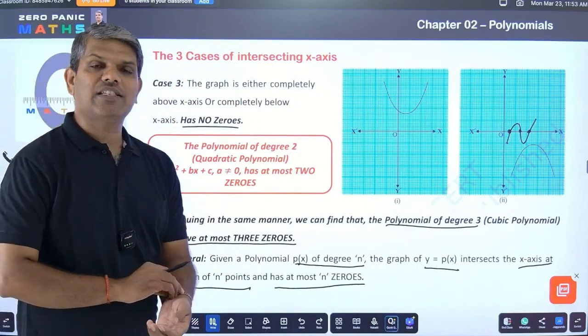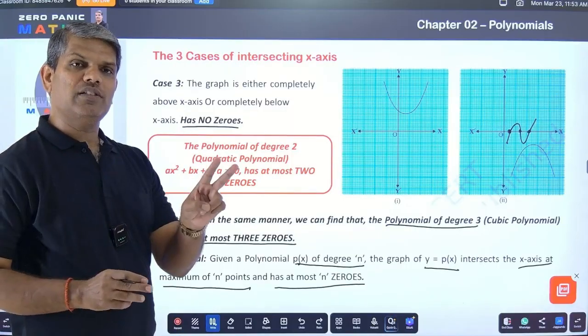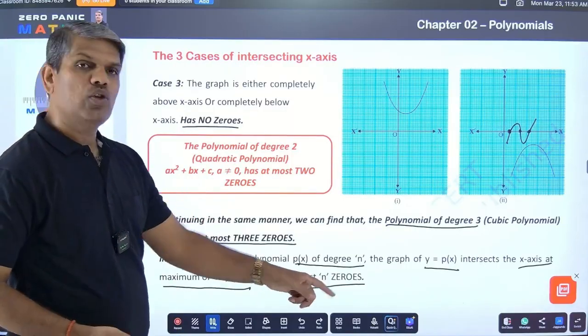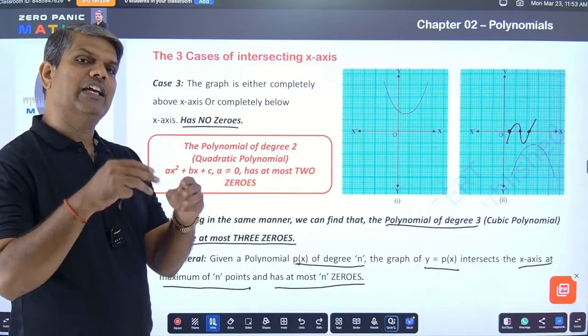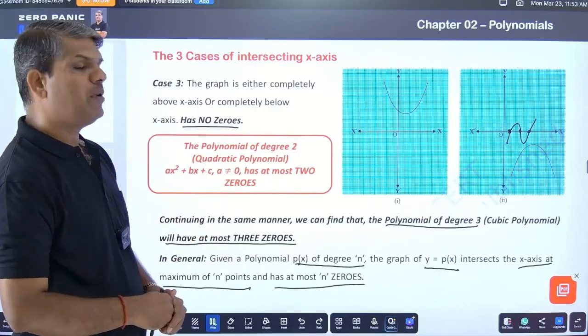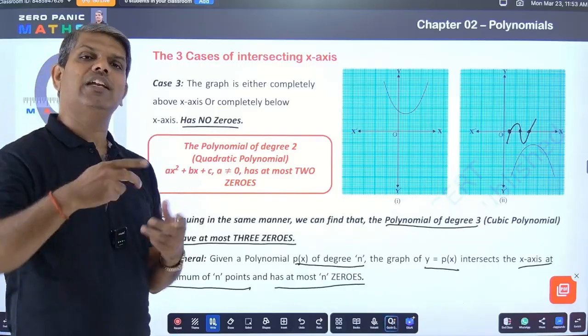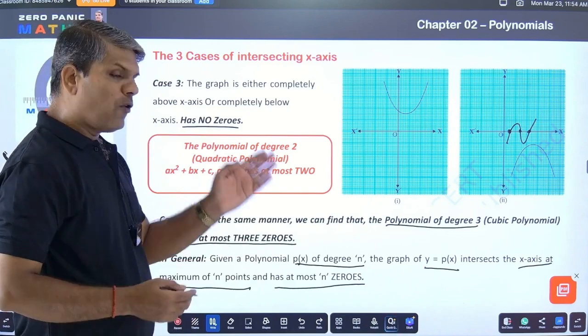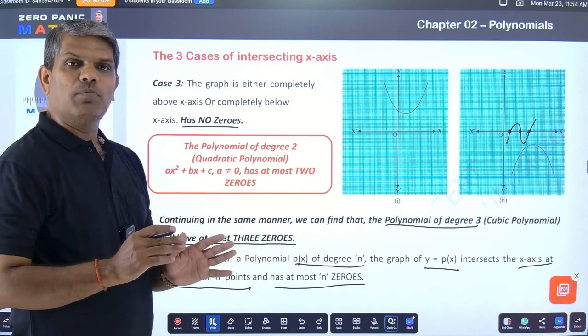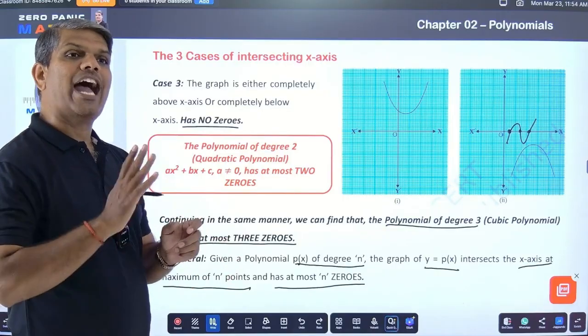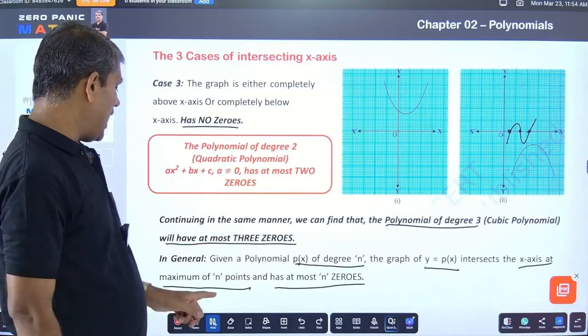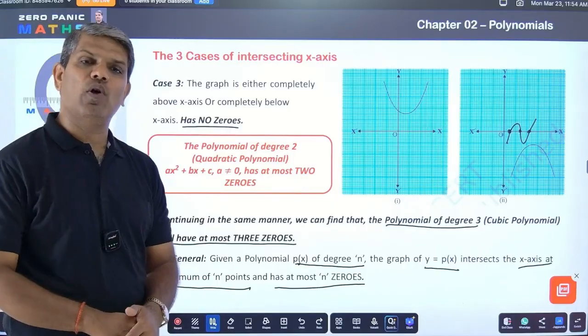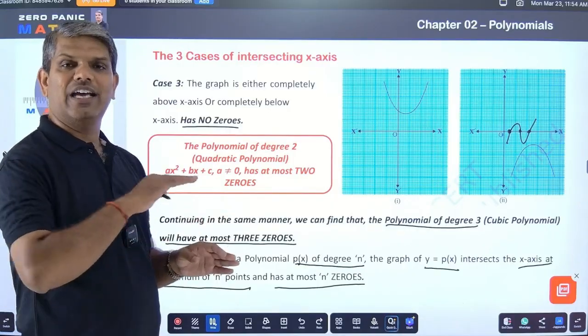So if it is cutting the x-axis at 2 points, it is having 2 zeros. 3 points, it is having 3 zeros. Similarly, if it is cutting at 1 point, it is going to have 1 zero. So in general, a polynomial of degree n is going to have at most n zeros, and at maximum n points where it cuts the x-axis.